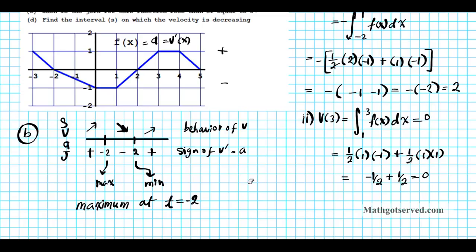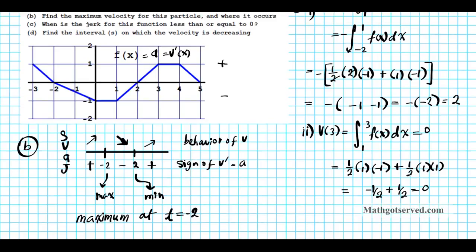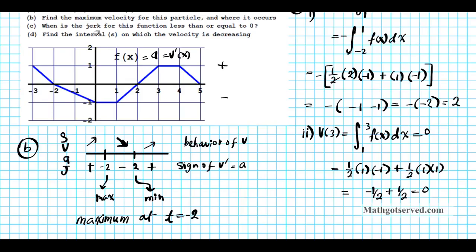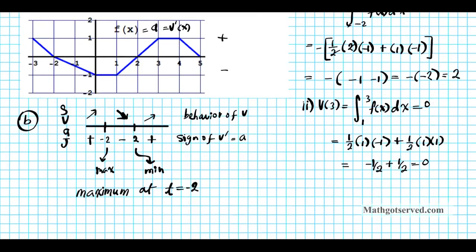Alright, let's take a look at question letter C. It says, when is the jerk of the function less than or equal to 0? So how do you get jerk from acceleration?